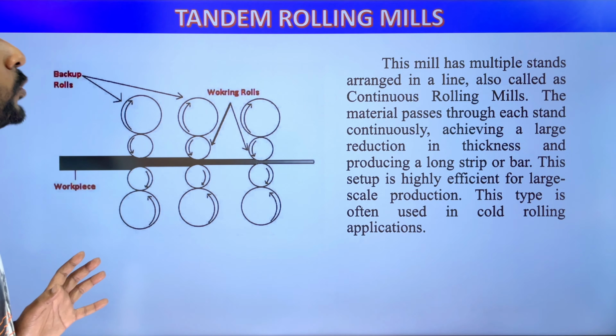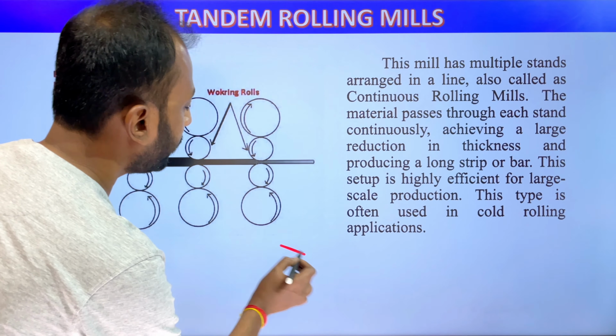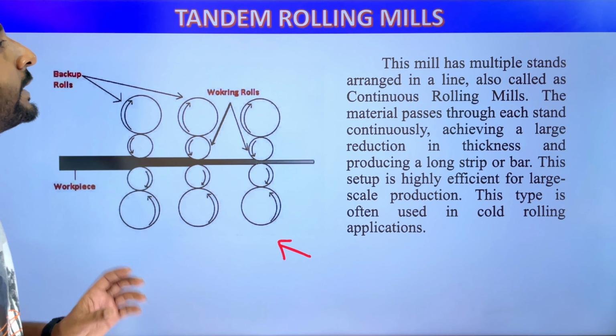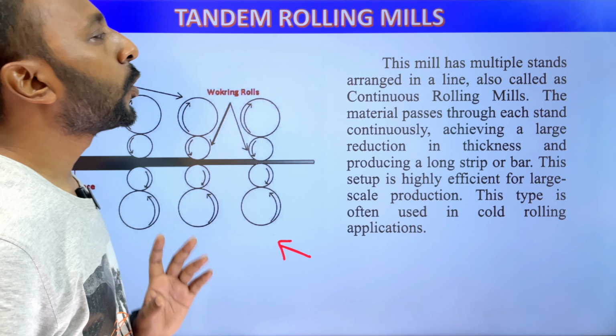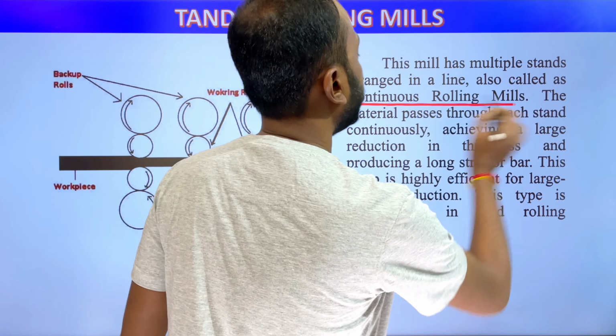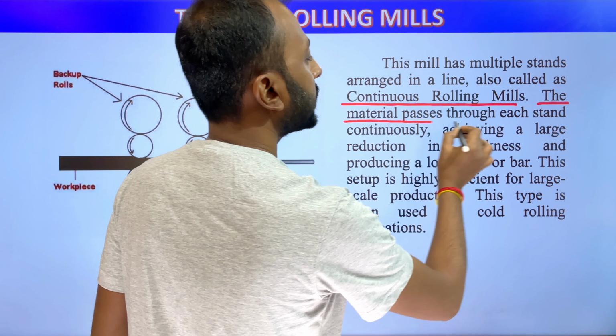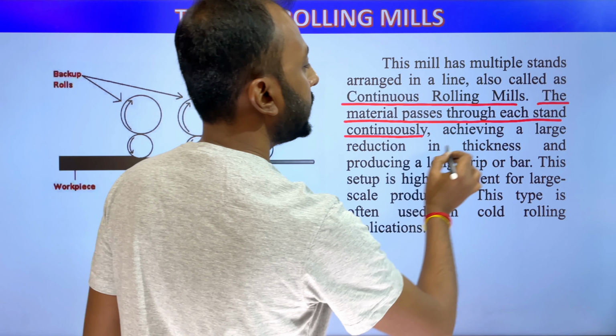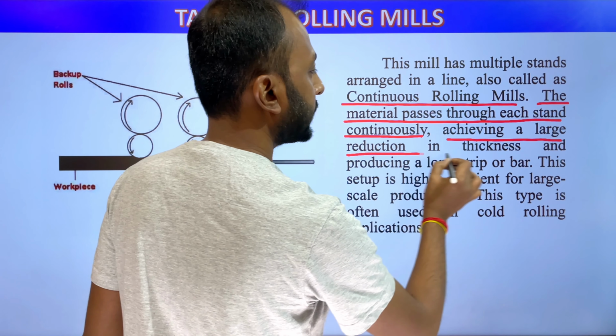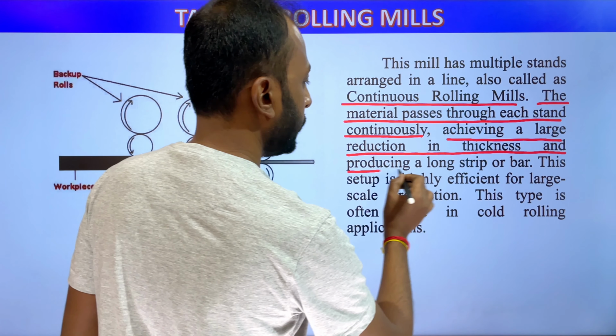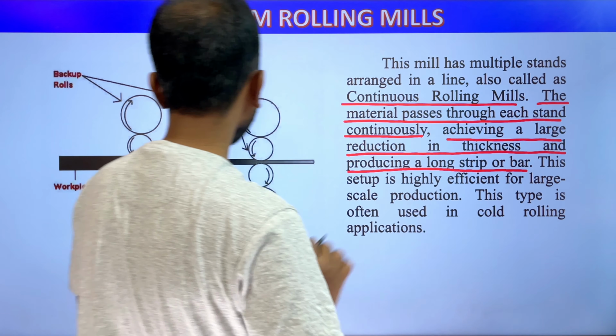So what is tandem rolling mills? We can see clearly in this figure the tandem rolling mills. The tandem rolling mill is also called a continuous rolling mill. In this case, the material passes through each stand continuously, achieving a large reduction in thickness and producing a long strip or bar.